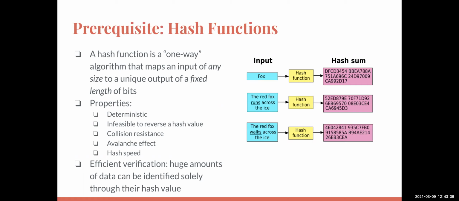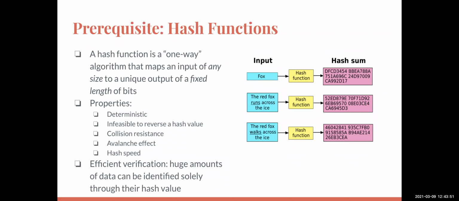The other thing I'll say is that the best way people know how to reverse good hash functions today is just to guess inputs. So you just guess until you get the right one.